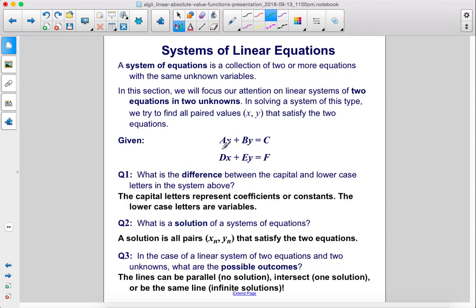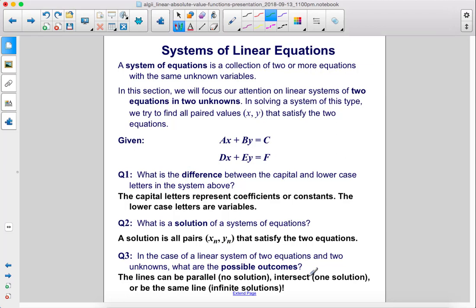The capital letters represent coefficients or constants. The lowercase letters are variables. A solution is all pairs (x_n, y_n) that satisfy the two equations. In the case of a linear system of two equations and two unknowns, the lines can be parallel, with no solution.